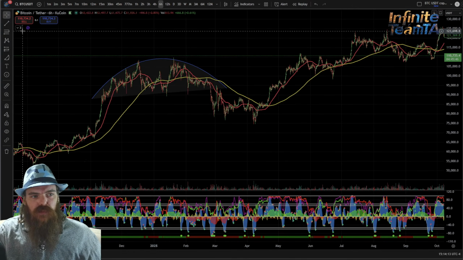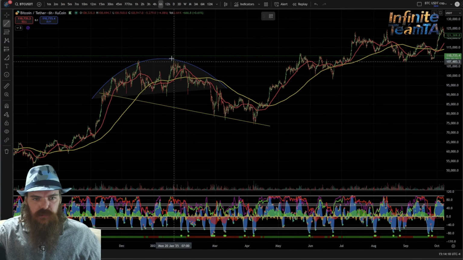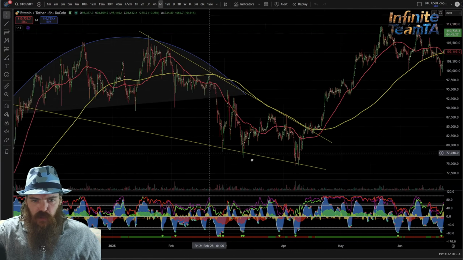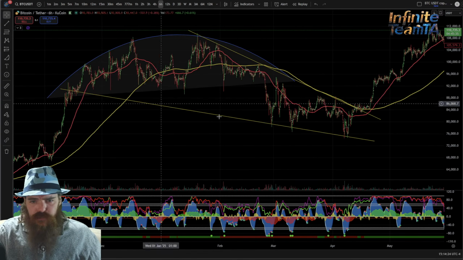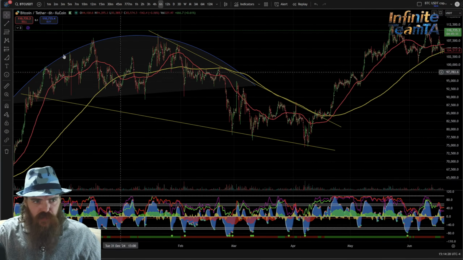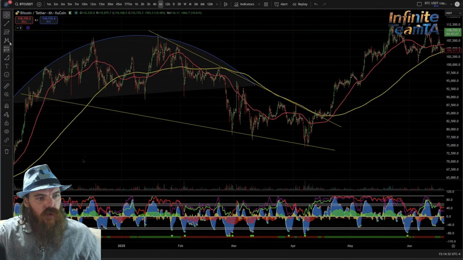When we bragged about our entry at 74, we knew it was coming because of this pattern. Now, we were looking at the entry on the double bottom down here. The other entry could have been this breakout and holding of the level, right?